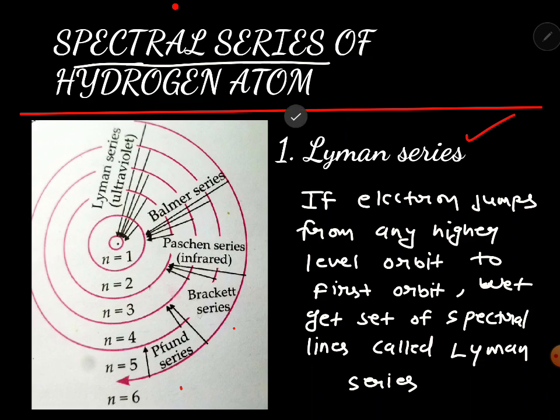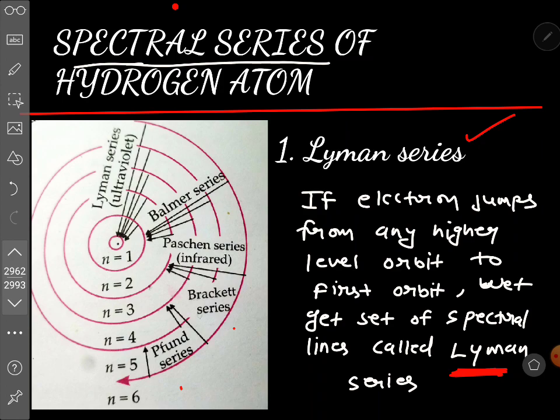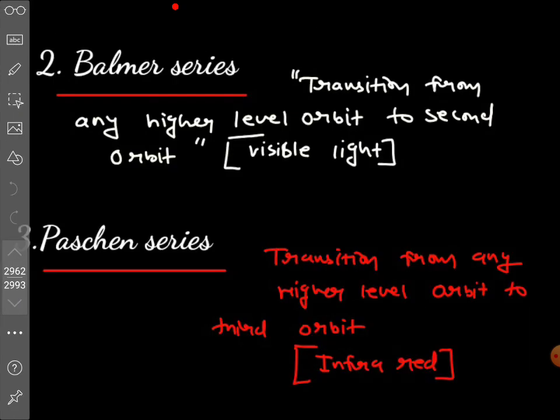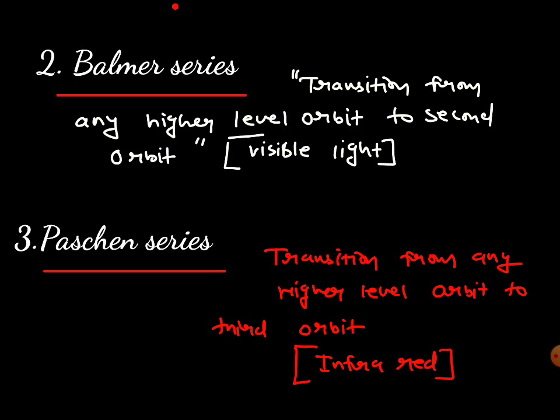The Lyman series is the series of electromagnetic waves in the ultraviolet region. Whenever the electron makes a transition from any higher orbit to the first orbit, it releases ultraviolet rays, and that is called the Lyman series. Similarly, the second series is the Balmer series.